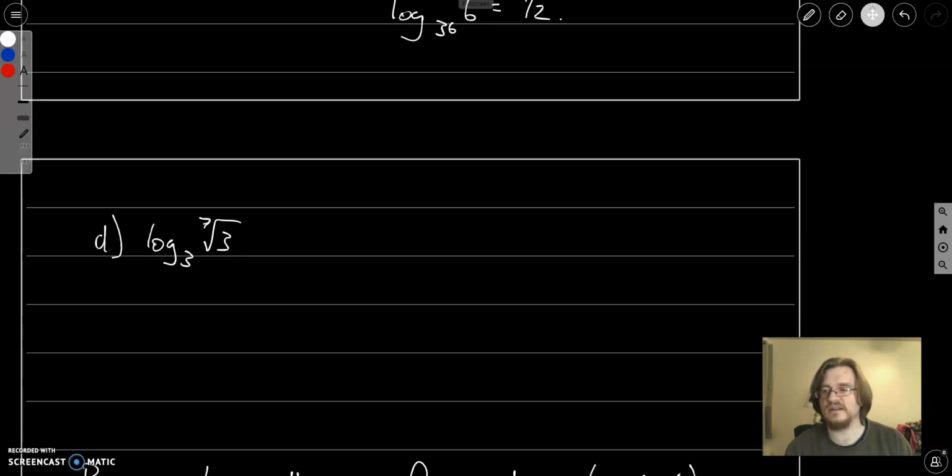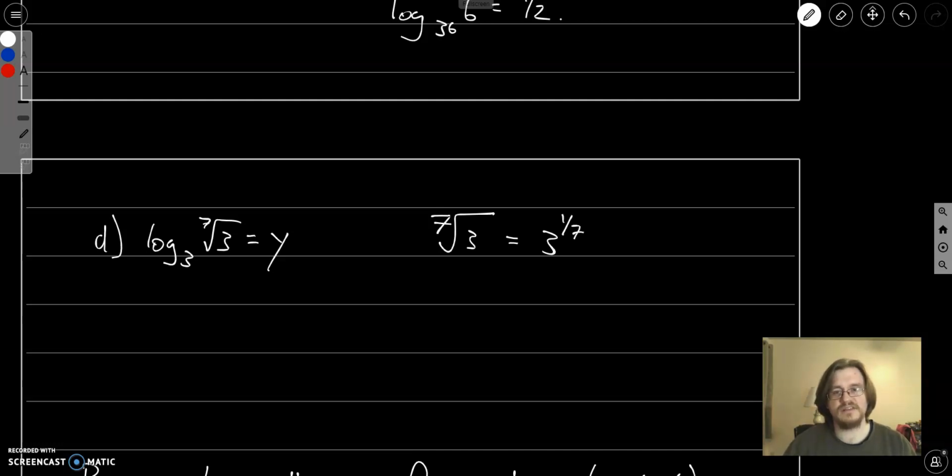This last one here, first of all, I want to rewrite this a little bit. This is the seventh root of 3. Another way to write this down is 3 to the 1/7 power.